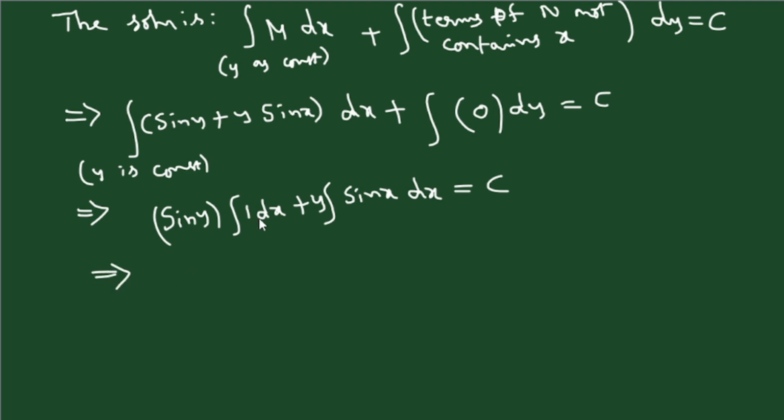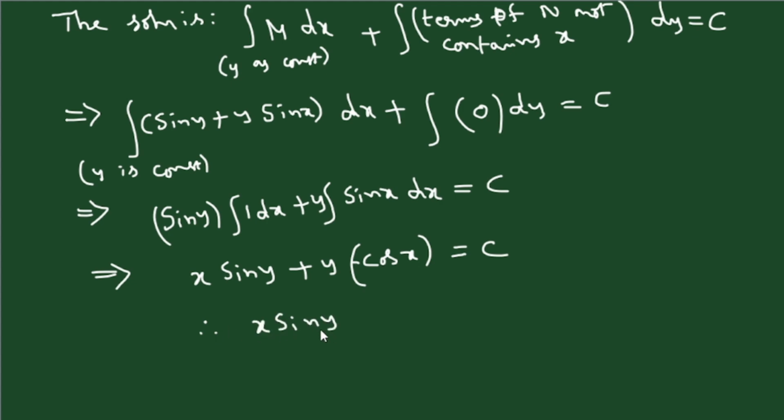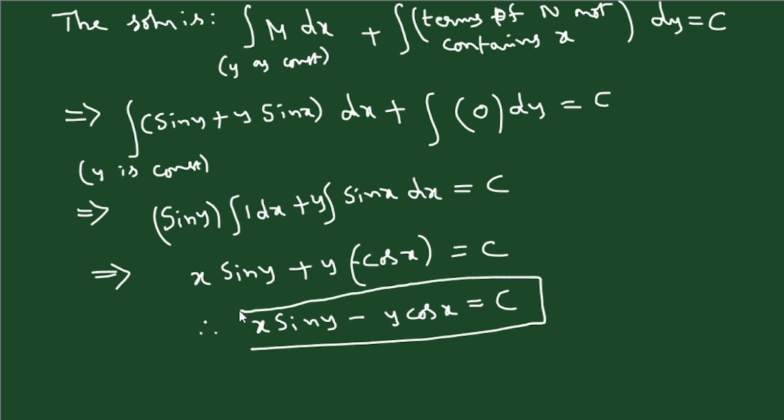So integral 1 dx is x sin y plus y into integral sin x, which is minus cos x, equal to c. Therefore, the solution is x sin y minus y cos x equal to c, the required solution.